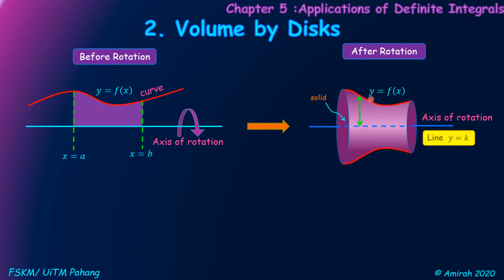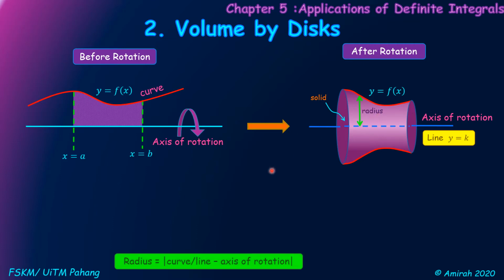The distance between the curve and the axis of rotation is called the radius. Since the radius is the distance between the curve and the axis of rotation, the word distance here means we can put a modulus sign. Radius equals modulus of curve or line minus axis of rotation.